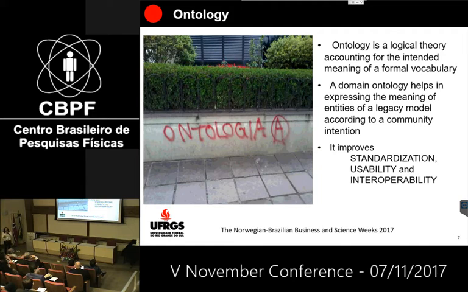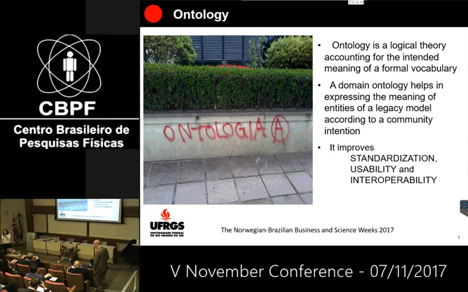So what is ontology in the end? Sometimes we talk about ontology like an artifact, as a file, as a representation, but indeed, ontology is a logical theory to provide the connection between some vocabulary that we use for communication and the meaning of this vocabulary inside of a community.